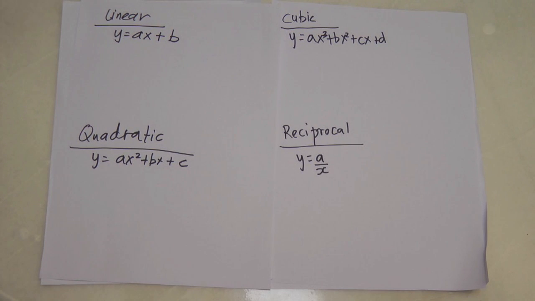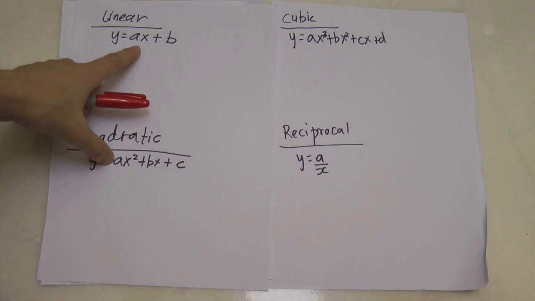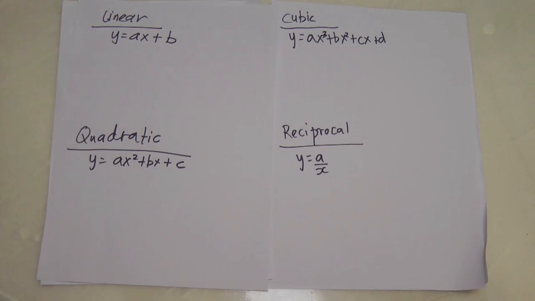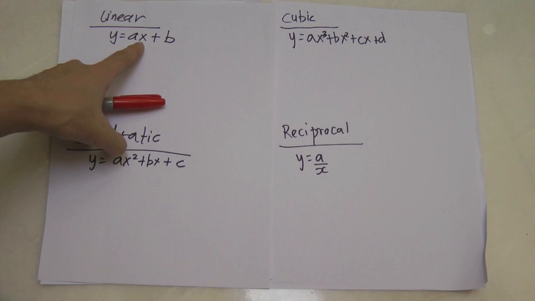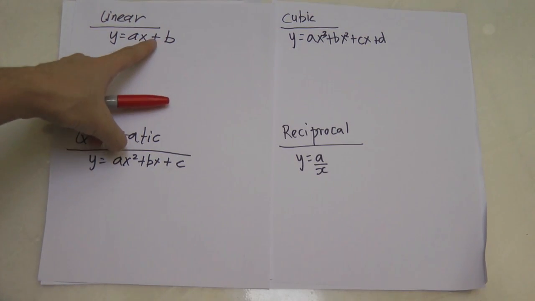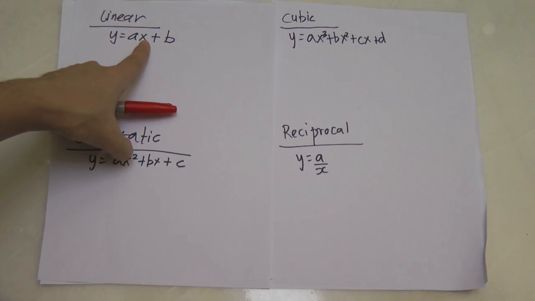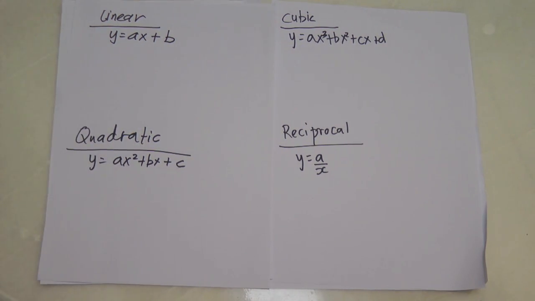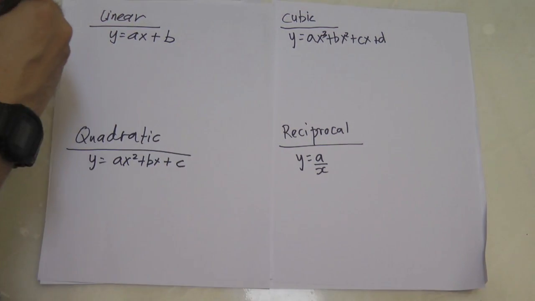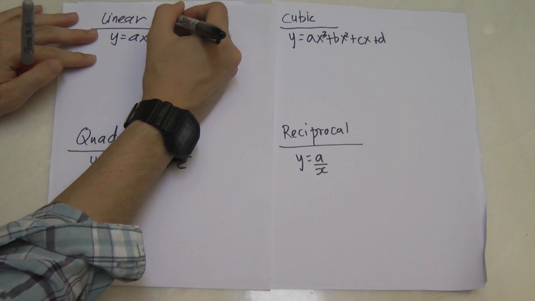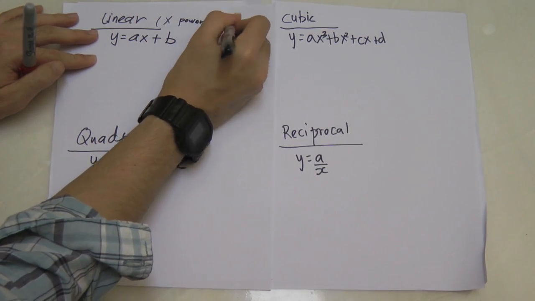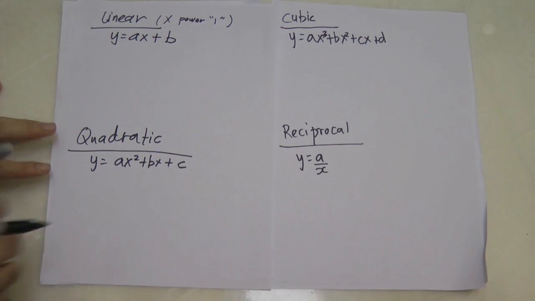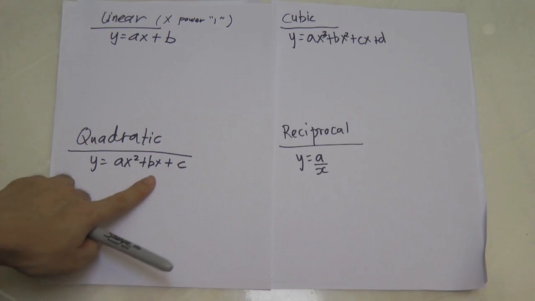First, we decide what the graph is based on the highest power of x in the equation. For example, here the highest power of x is 1, because you do not have any other x. So this one is x power 1. In the quadratic graph, you see ax squared plus bx plus c.